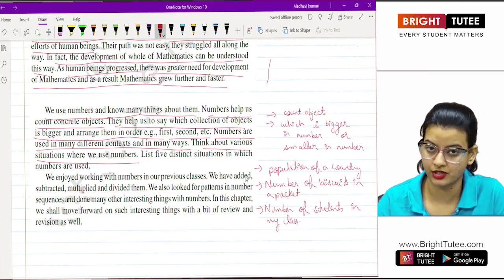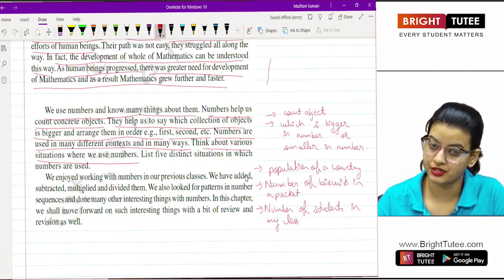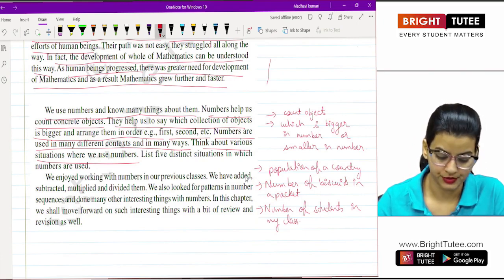In all these situations, we use numbers.